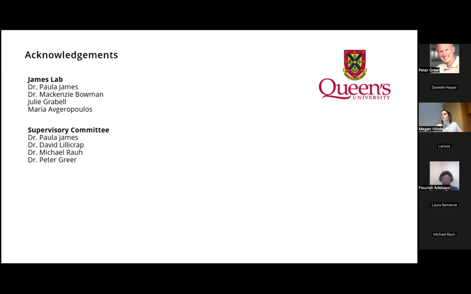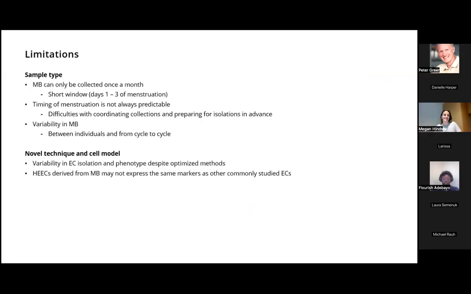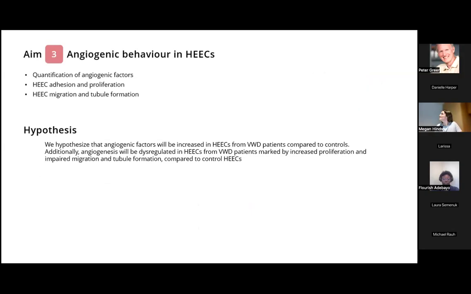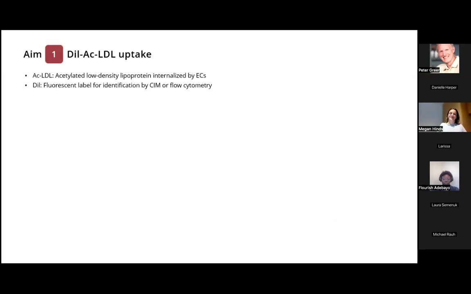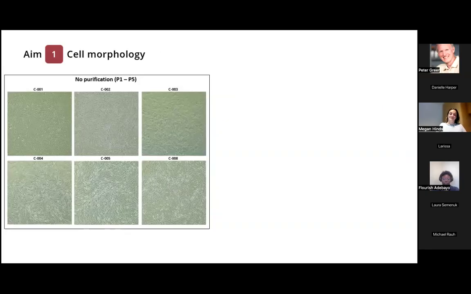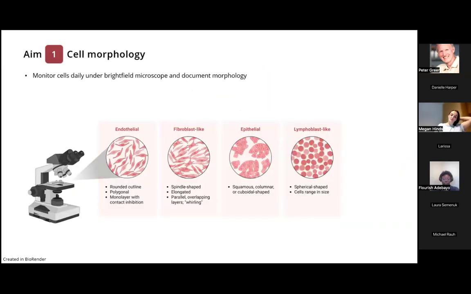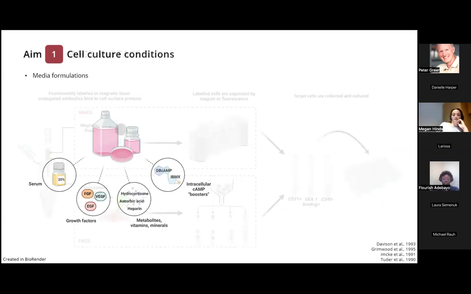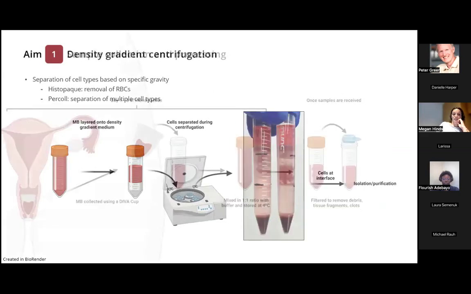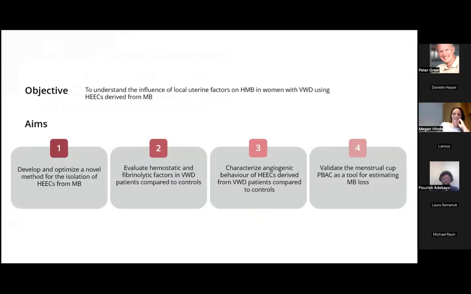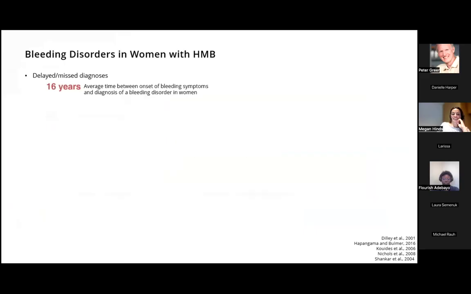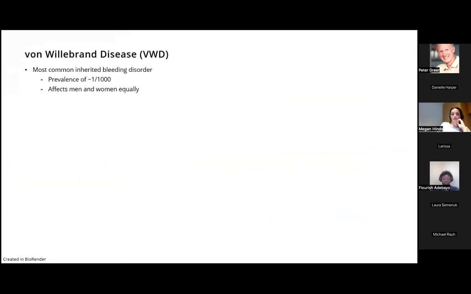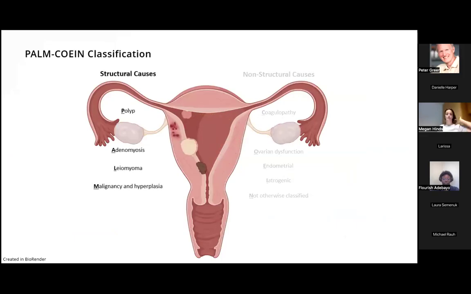Could you go back to one of your very first slides, the anatomy? I'll ask you some questions about exactly what is menstrual blood. Maybe one more.